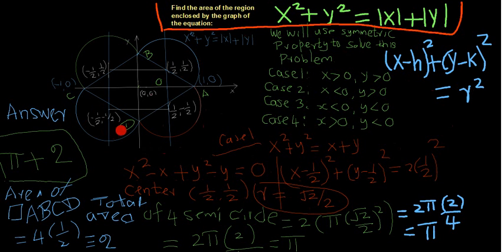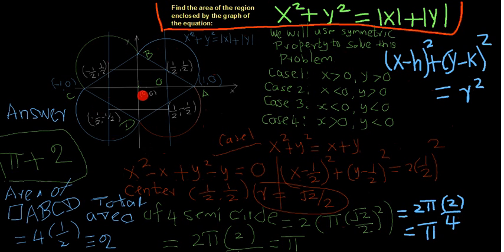The area of a circle is pi r squared, so pi times square root of 2 over 2 squared, multiplied by 2 because we have 2 complete circles. That means 2 pi times 2 over 4, that's going to be pi. That's what you get from adding the area of the semicircles.